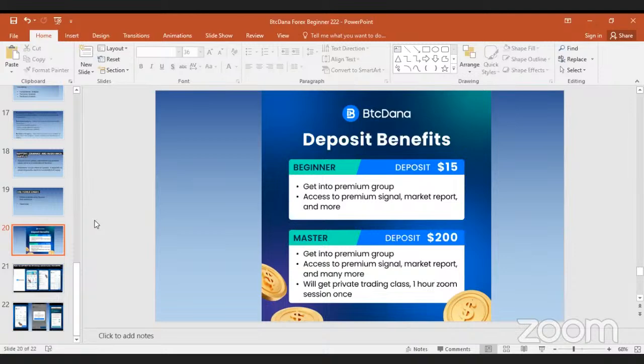I hope we all know how to deposit on BtcDana app. On our live stream, there's even a place where you can deposit.